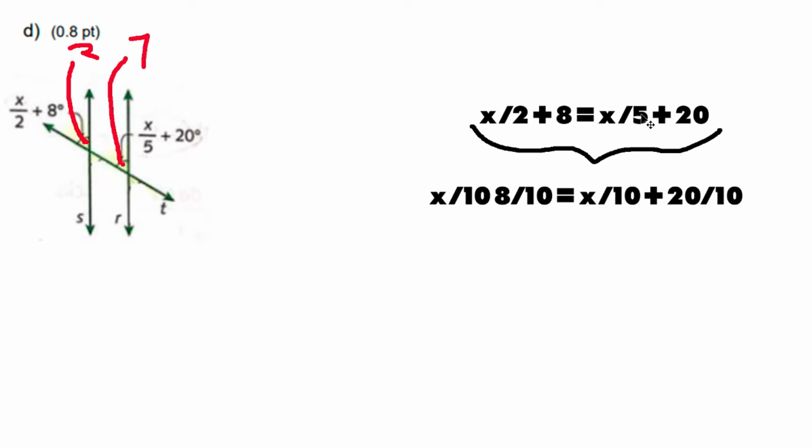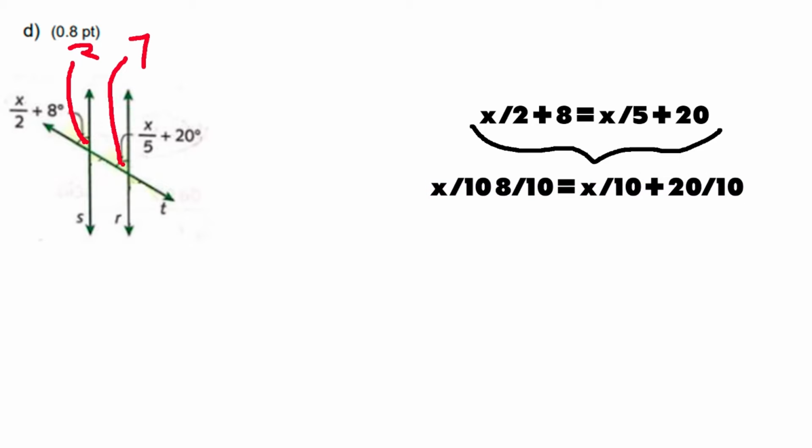We multiplied 5 by 2 to become 10 and 2 by 5. So our variables are going to change a little bit. Since we multiplied 2 by 5, it's going to become 5x plus 8 times 10, 80, equal to 2 times 5 will become 10, so we're going to put 2x plus 10 times 20, 200. Okay, pretty simple, easy stuff right here.